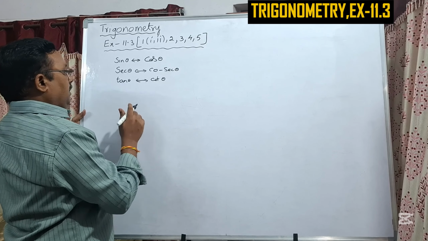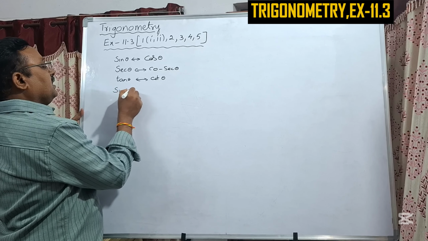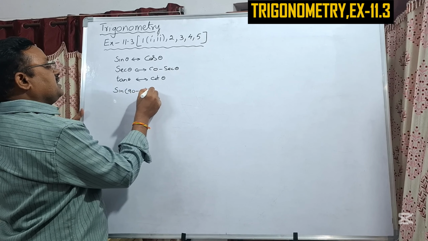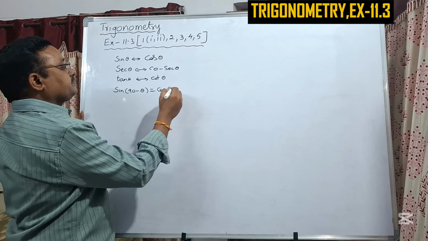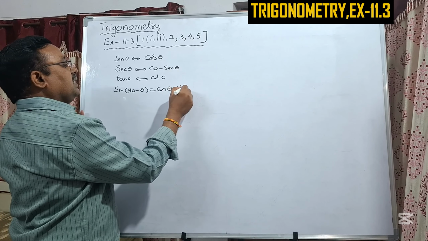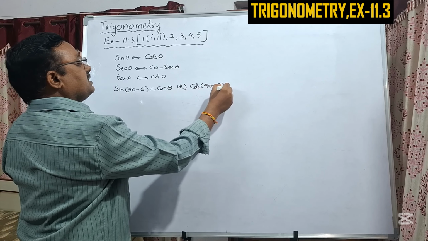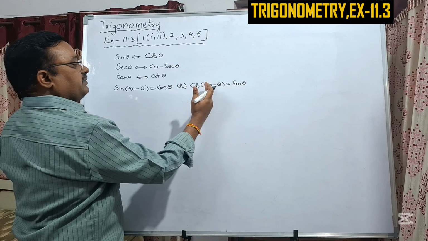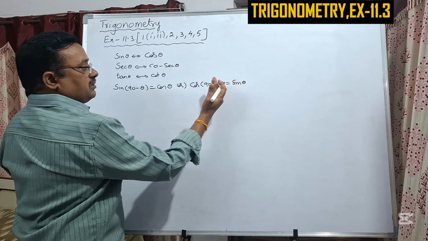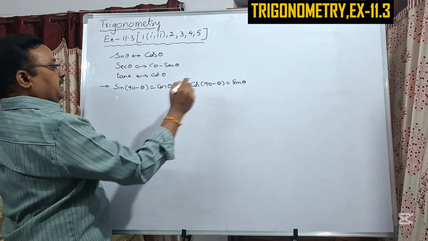So that's why their property will be sine 90 degrees minus theta is equal to cos theta, we can write. Or the same thing can be written as cos 90 degrees minus theta equals sin theta. Left to right we can write, or right to left we can write. This is the first pair property.